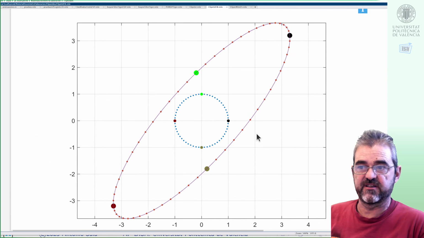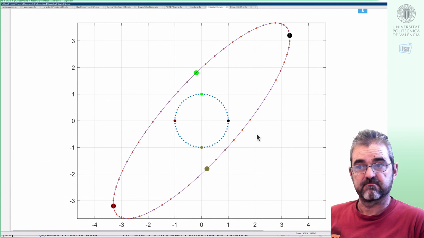So this is the final figure. We have a blue circle that maps into the red dots in the ellipse, which of course coincide with the quadratic equation given by the inverse of L transposed, and the points (1,0), (0,1), etc. map to the big dots in black, green, red and brown colors.